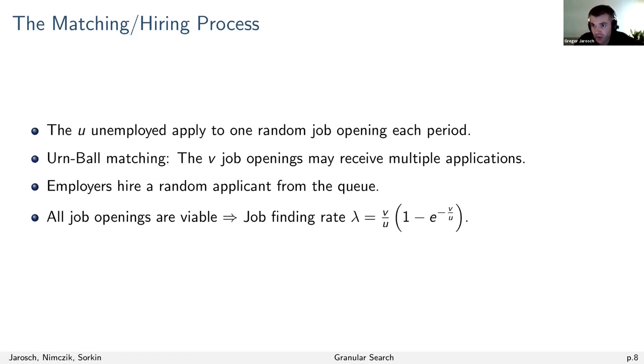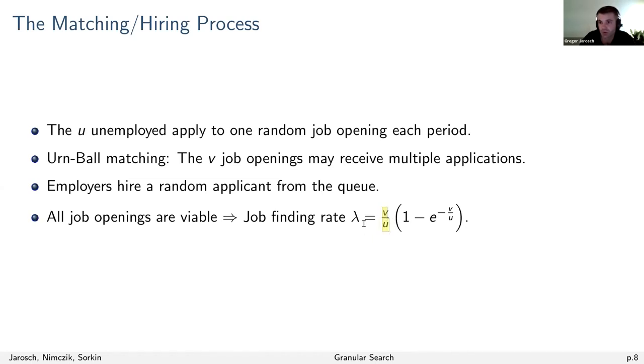Now, employers that receive at least one application for a job opening will end up hiring one random applicant from the queue in front of the factory gate, if you will. Now, we assume that everyone here is homogeneous, so all job openings will be viable, and that means that you can write the rate of finding a job as a function purely of market tightness, which is the ratio of job openings to job seekers.